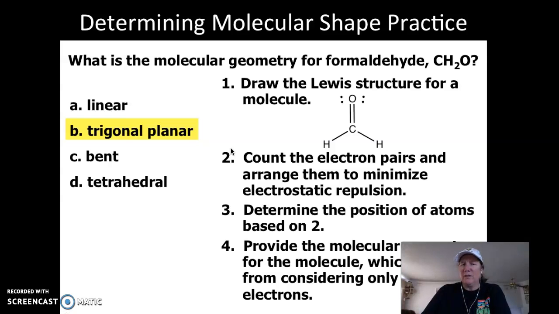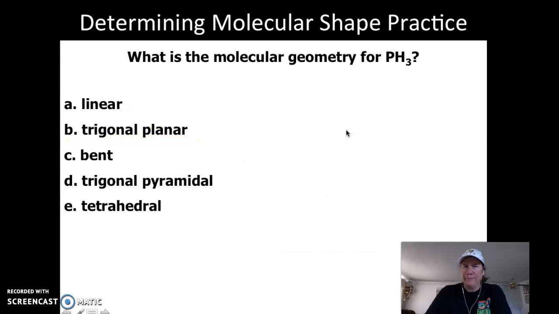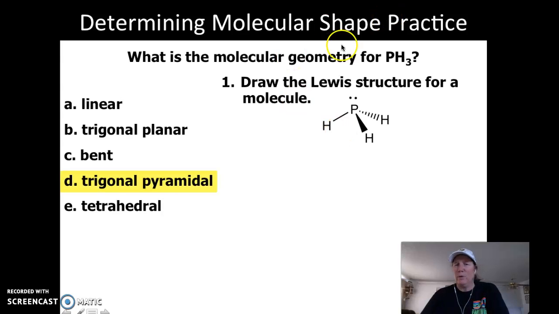All that other stuff makes it all crazy. Just look at how many are bonded to the central atom and whether there are any lone pairs. This one doesn't have any lone pairs. I do not worry about the stuff attached to it; I only worry about whether there are lone pairs on the guy in the middle. Okay, PH3. I can tell you right now it's trigonal pyramidal because I know this one, but I want to see it. To draw this, I have phosphorus and then 3 hydrogen bonded to it.